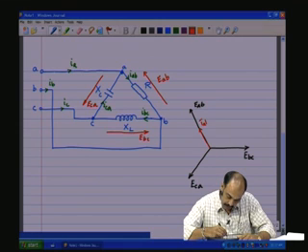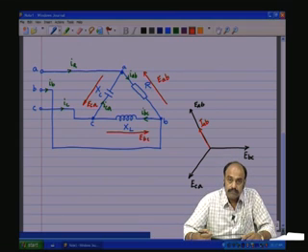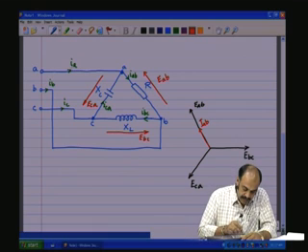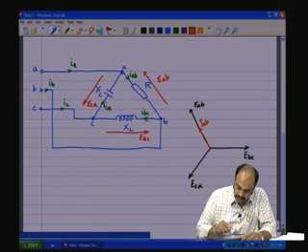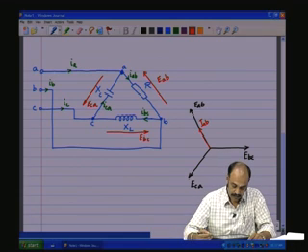Now, I will take the effective value: IAB phasor is in phase with EAB phasor. What I am showing are the instantaneous values, but what I am going to plot here are the effective values, because it is a phasor diagram.